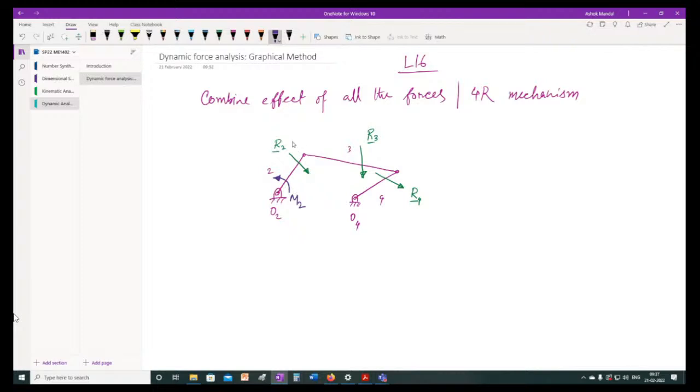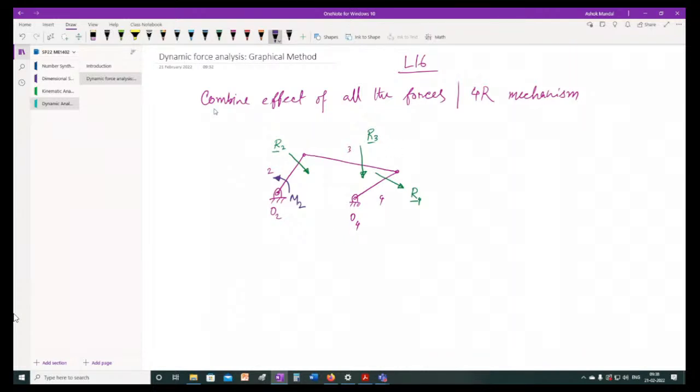All of them are clubbed together, and that is represented here by the general force R2. Similarly, the same quantities are represented for link 3 by R3 and for link 4 by R4. Now we will find out what M2 is required to run this mechanism. In the meantime, we will find out the joint forces.